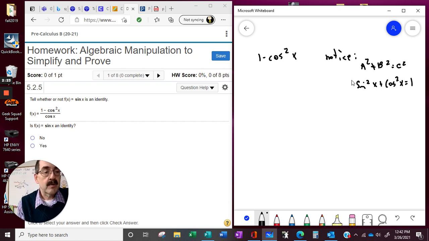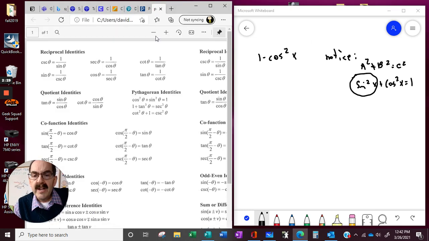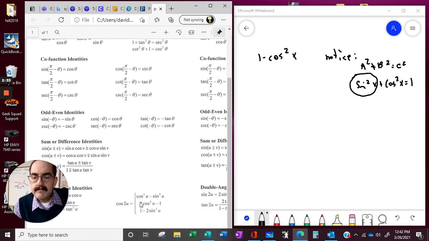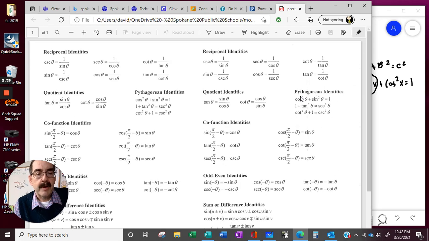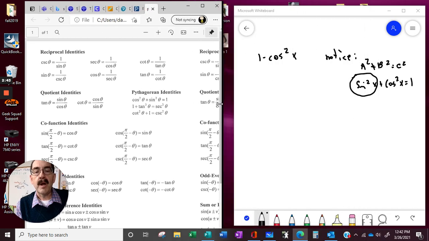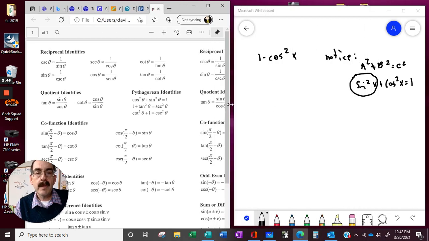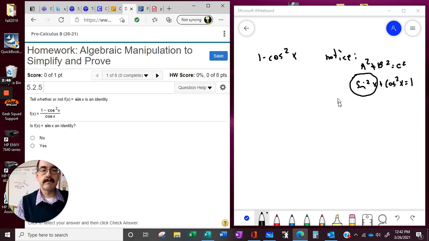We subtract it across. This is what we're interested in, and it's on our trig identity sheet under the Pythagorean theorem: cosine squared plus sine squared equals 1. Subtract from both sides.